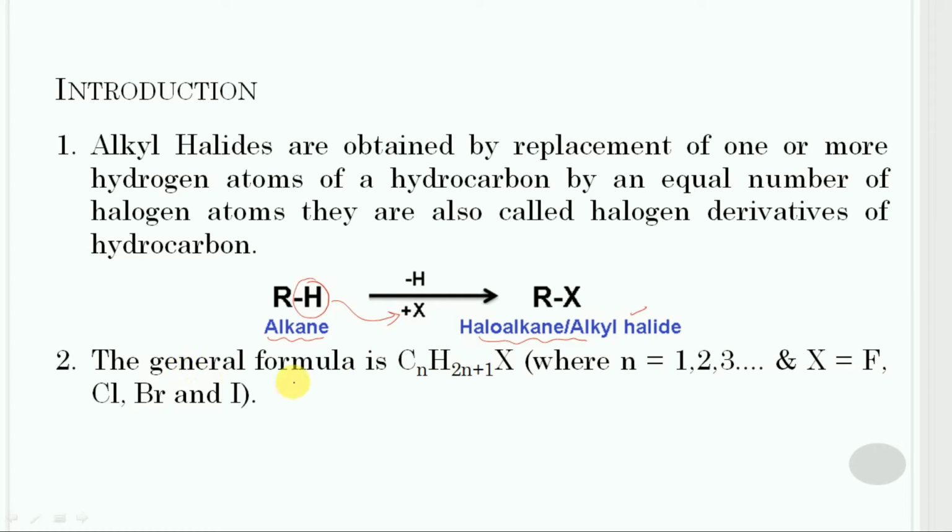The general formula of monosubstituted alkyl halide is CnH2n+1X, where n is the number of carbon atoms, and it is 1 onward, and X is either fluoride, chloride, bromide or iodide.